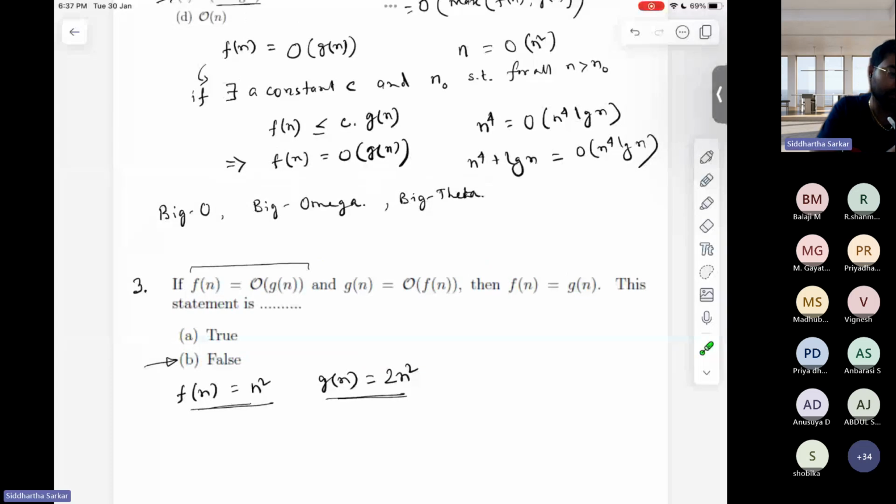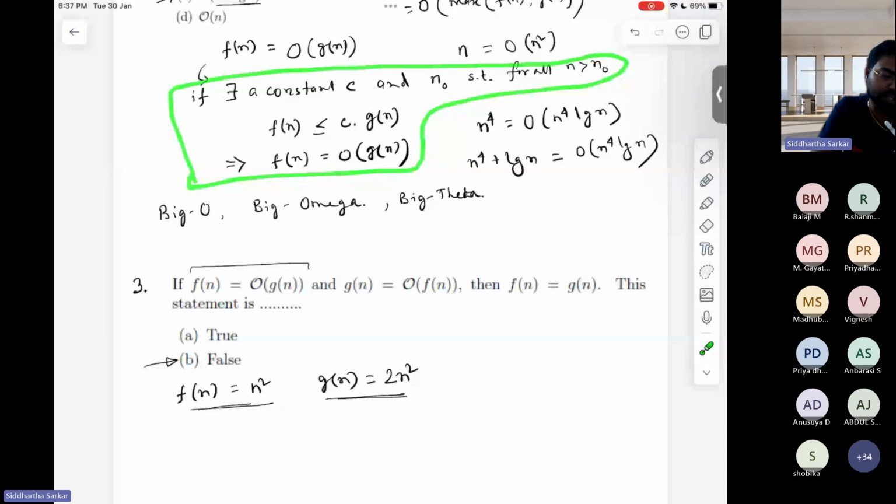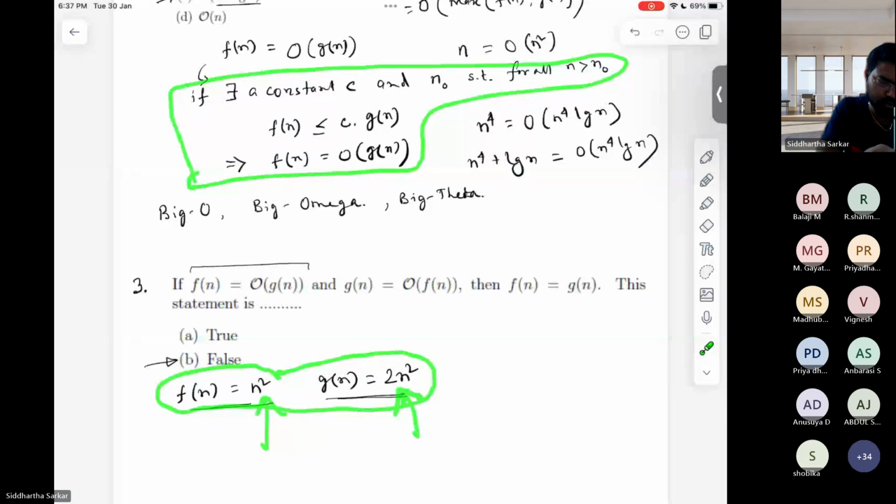The definition of big O says there should exist a constant. So in this case, what is the constant that would let us conclude that f of n is order g of n for these two functions?